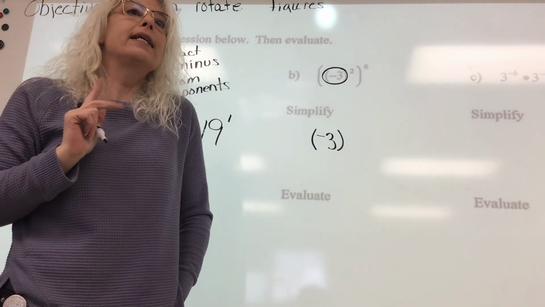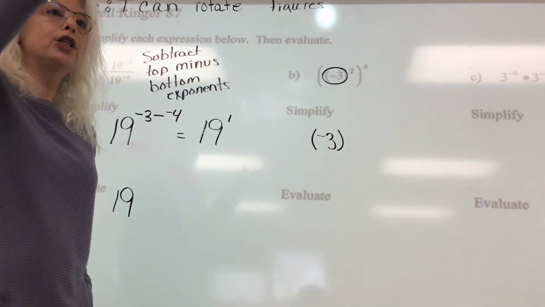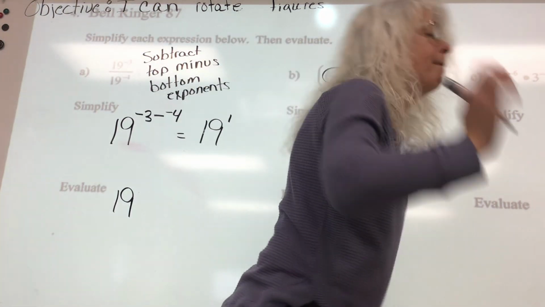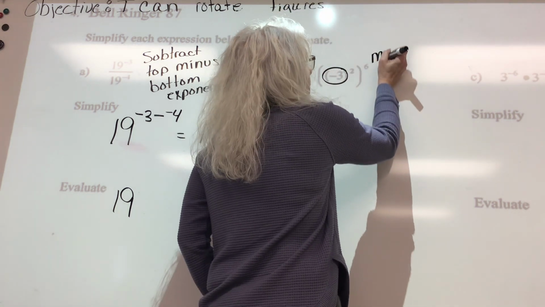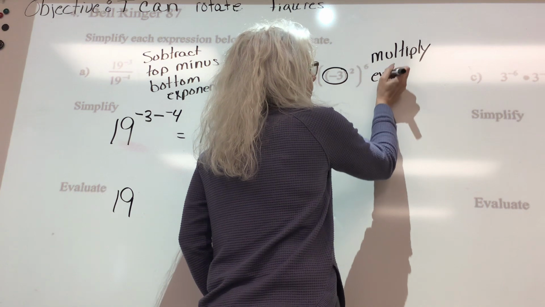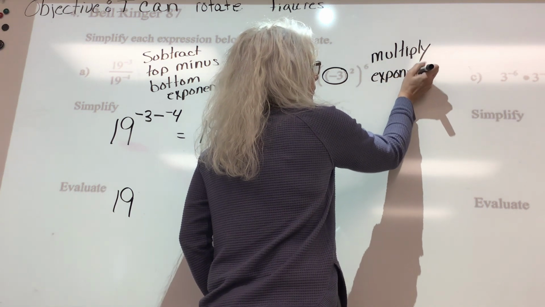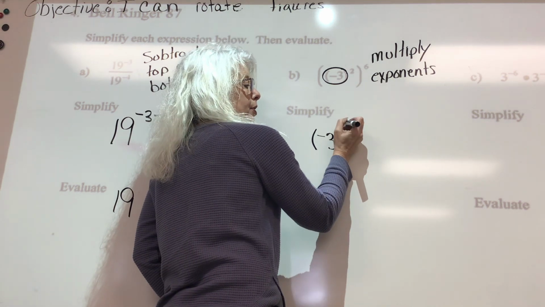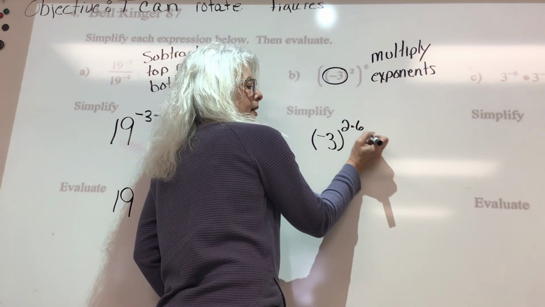Who can raise your hand and tell me what shortcut I can use to simplify this? Brayden? Multiply exponents. So I'm going to, right here where the exponent area is, do 2 times 6.